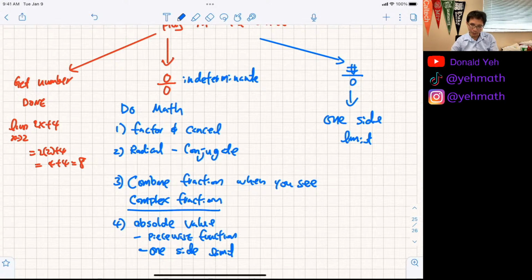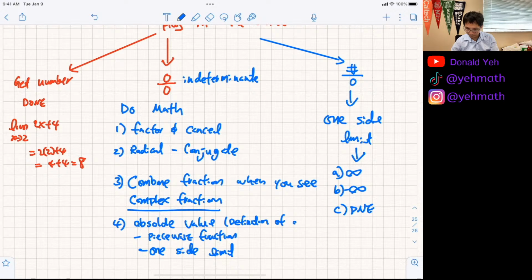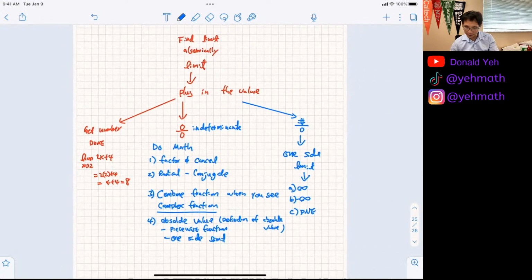With one-side limits, you might get A, positive infinity, B, negative infinity, or C, if you reach both sides, you might get does not exist. This one is going to use the definition of absolute value. Okay, so this is a big picture.